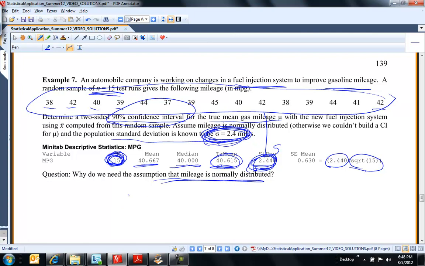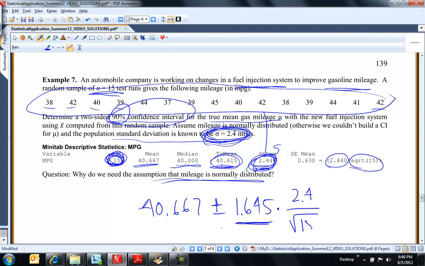So our confidence interval is the mean, 40.667, plus or minus, I'm building a 90%, and eventually maybe these numbers will start to become familiar. I don't want to say you'll think about them in your sleep, but you kind of start to. So this is for 90%, times 2.4 divided by the square root of 15.